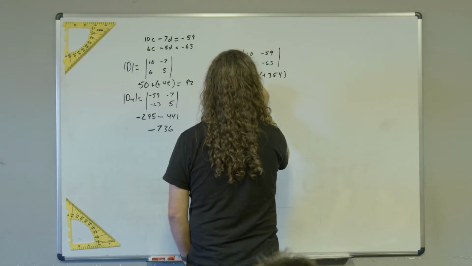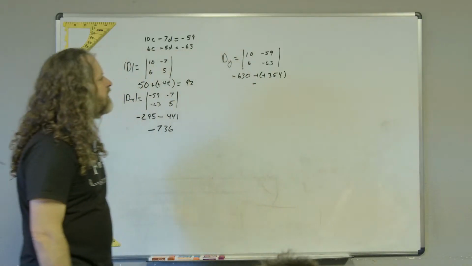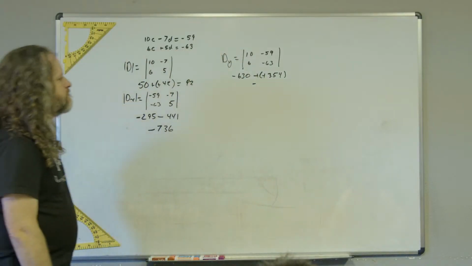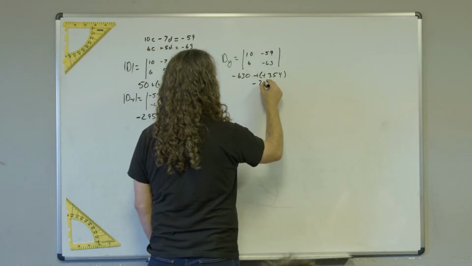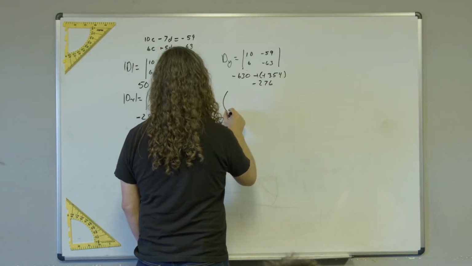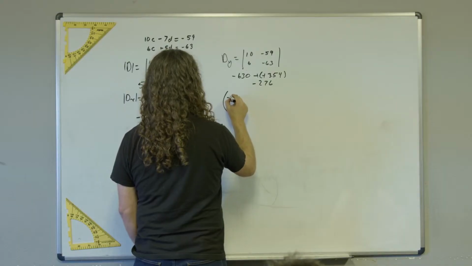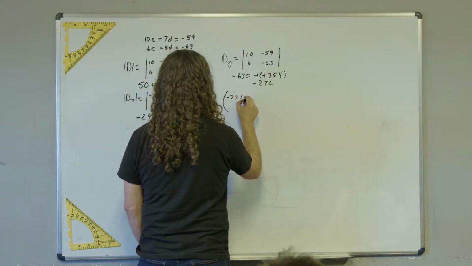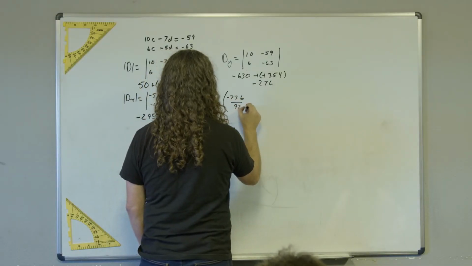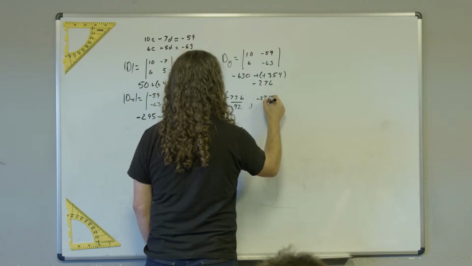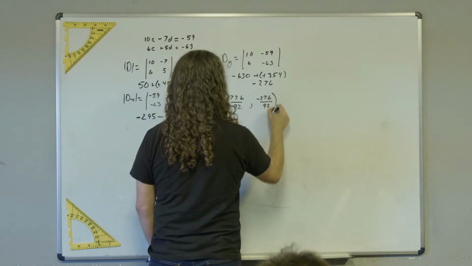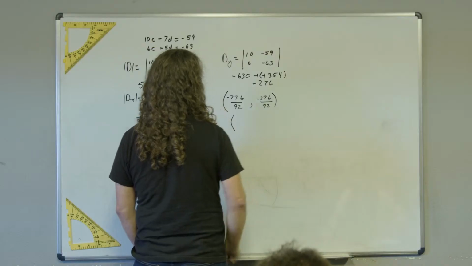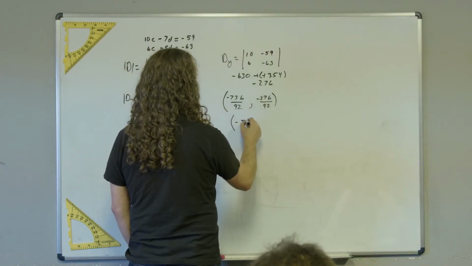Ka-chink, ka-chink, and we end up with negative something. 276. So we get negative 736 over 92, negative 276 over 92. So x equals what? Negative 8. And y? Negative 3.